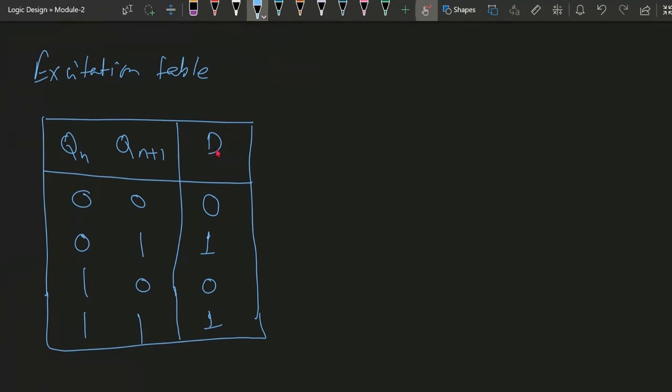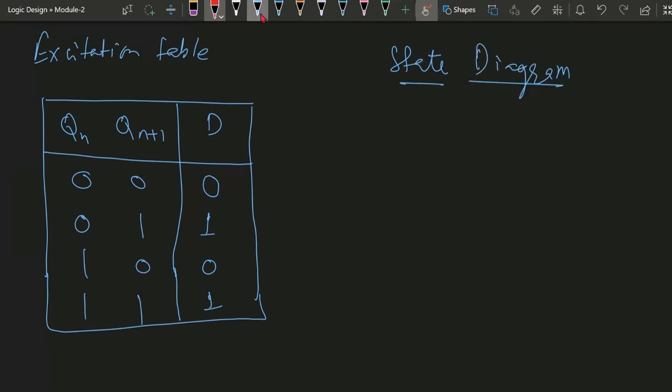Once we have the excitation table, we can draw the state diagram also. In the state diagram, Qn plus 1 has two different states, 0 and 1. One state will be written here, another state is 1. When it changes from 0 to 0 itself, the D value is 0.